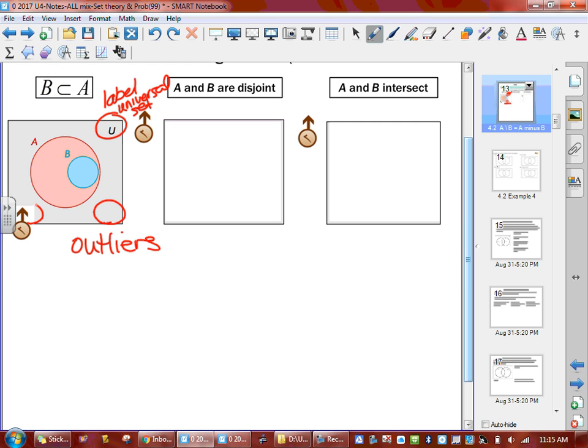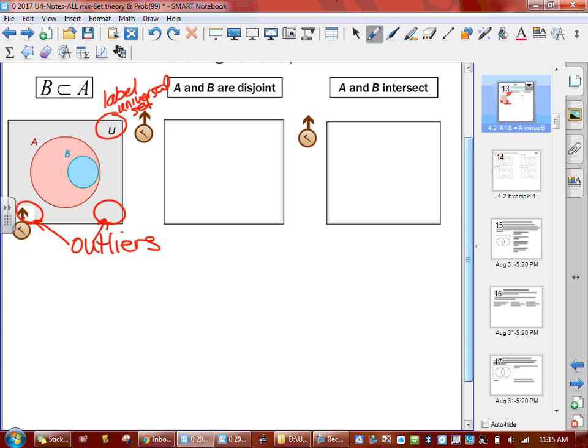So if there's numbers or objects that are not contained in the circles, we call them outliers, and they're just going to be on the bottom left or bottom right, typically. Okay? This diagram doesn't have any, but I'm just showing you where they would be located. So bottom left or bottom right of any diagram. We will be having some shortly here.